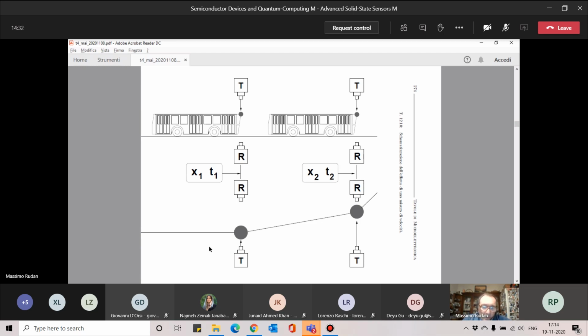Or maybe the perturbation is undetectable. It is below the limit of sensitivity of the measuring equipment. So there is a perturbation, but we simply can neglect it, okay?